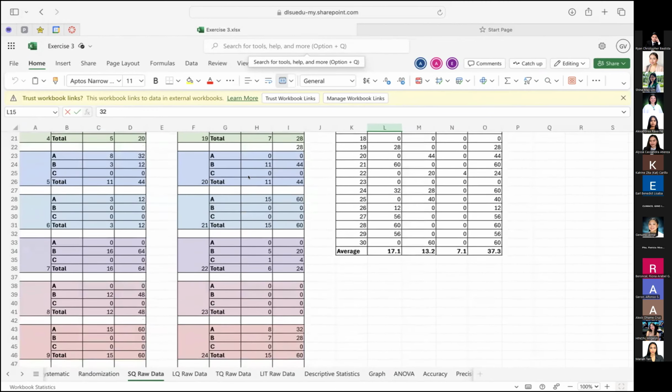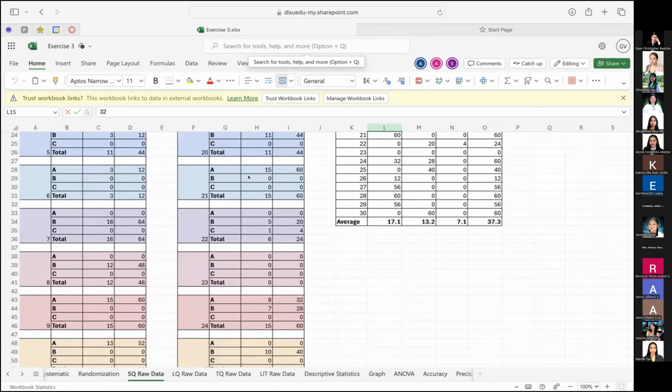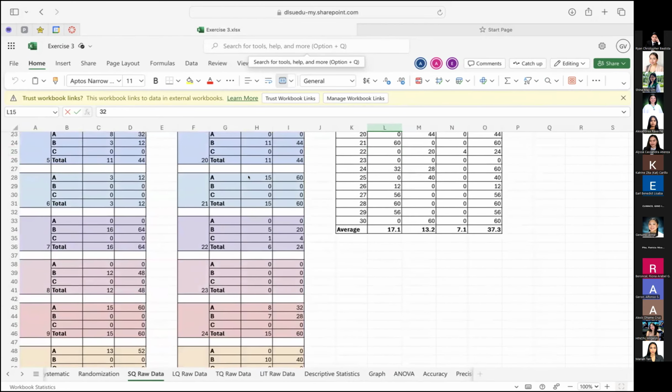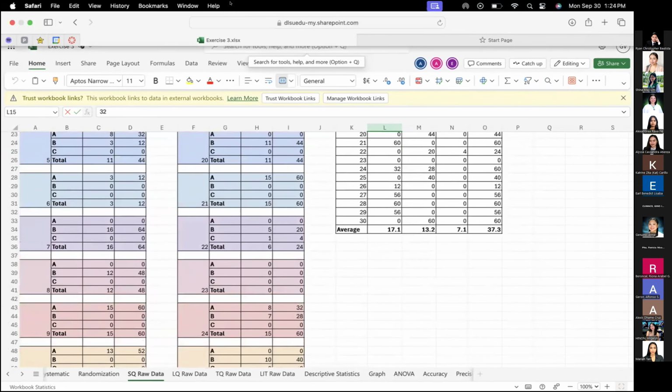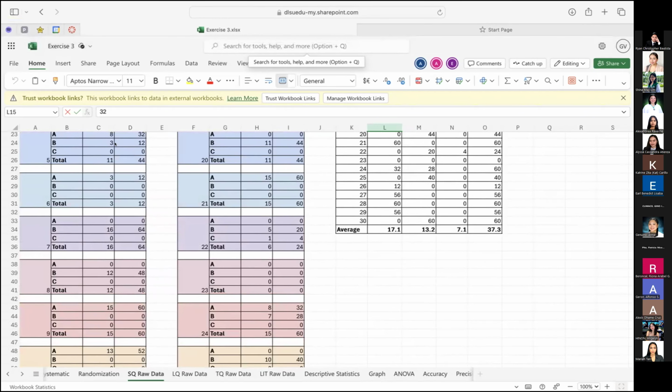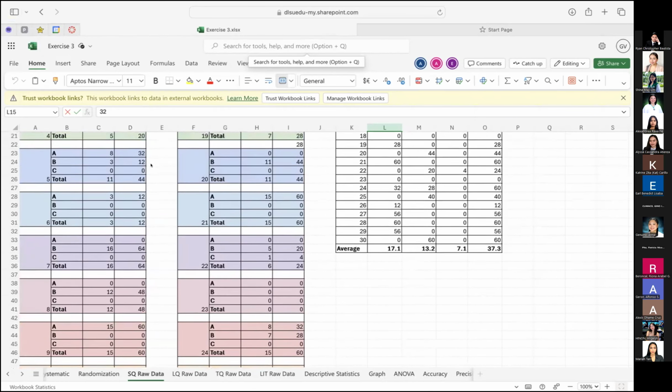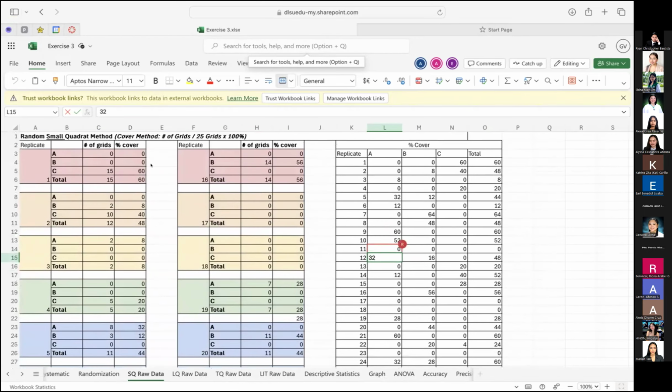We got 32 po from replicate 11. Sorry, na-exit po ako saglit. Ay, no. I mean replicate 12. Wait, ano po yung sagot niyo po ulit? Sorry, yung question niyo po, miss.